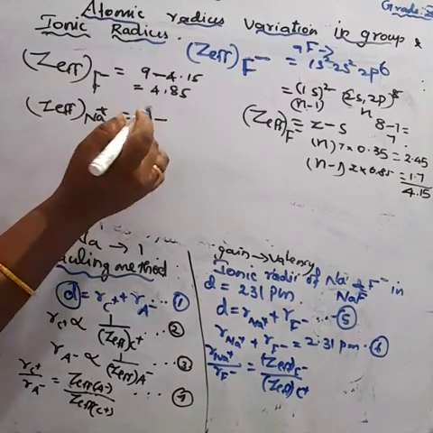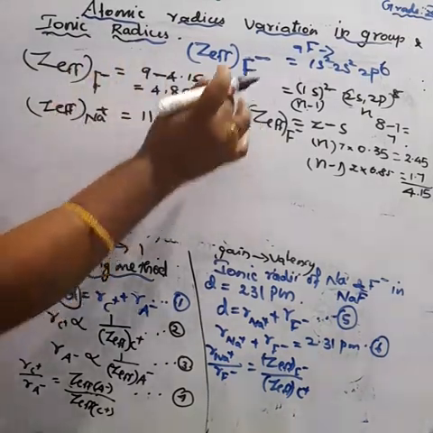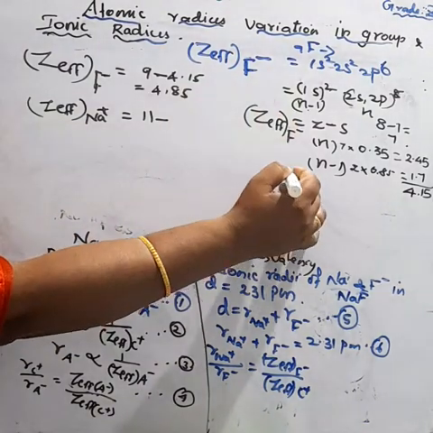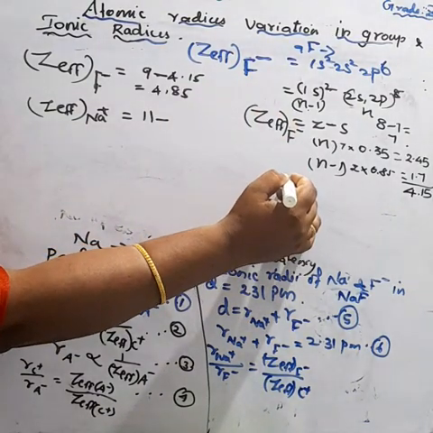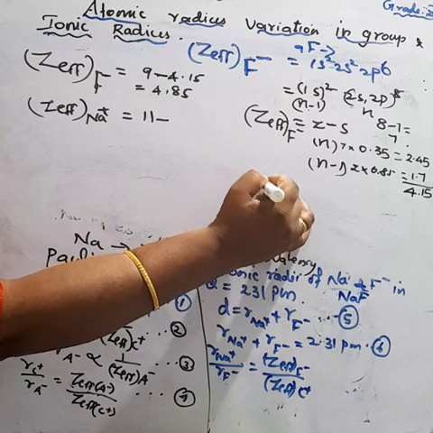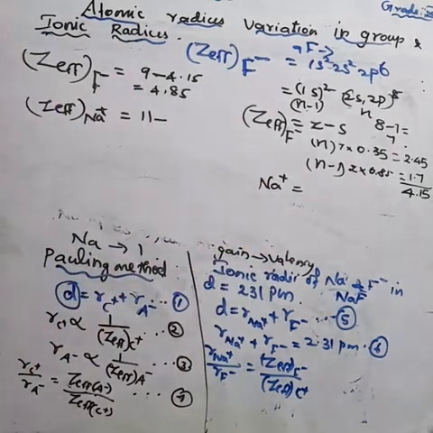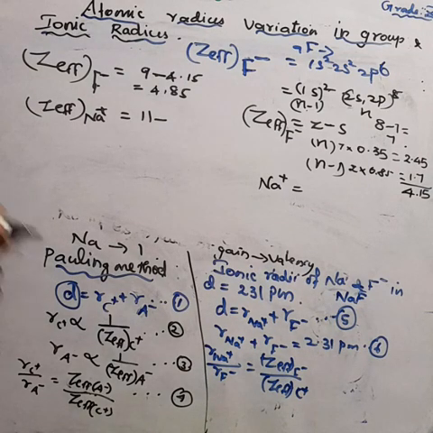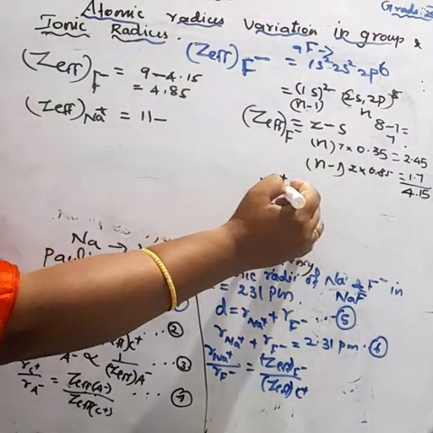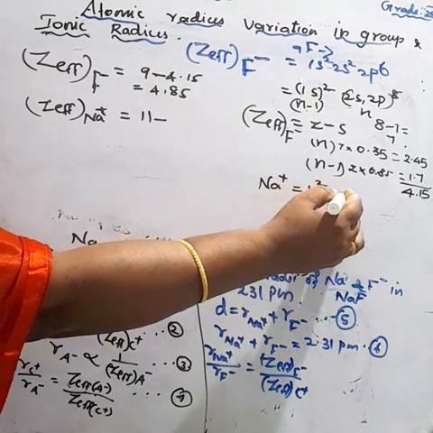How will you calculate the S value? For the Na+ ion, the effective nuclear charge is equal to Z minus the screening constant. To calculate the screening constant, what is the electronic configuration for the sodium ion? 1s2, 2s2, 2p6.